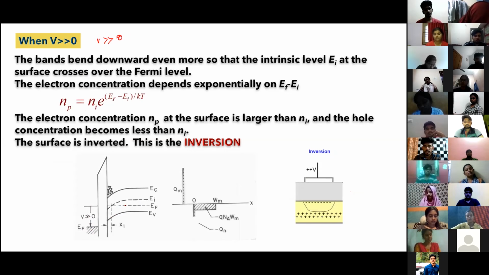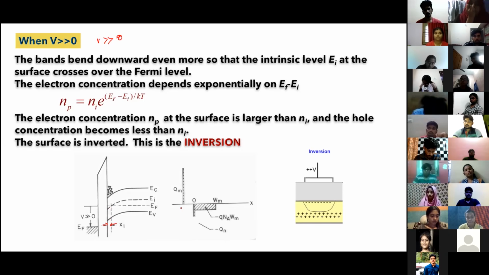Accordingly, the band bending will be lower, and exactly it intersects there. So there will be a small layer formed in between them. You know what this layer is? This layer is called an inversion layer, the inversion region. Let's talk about that first.